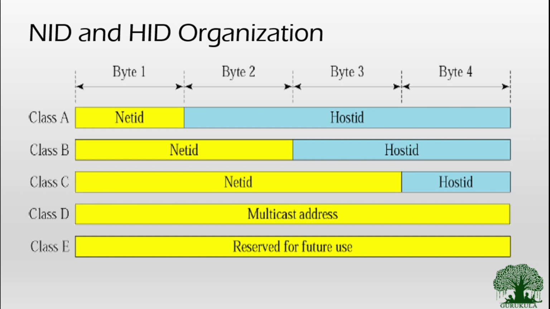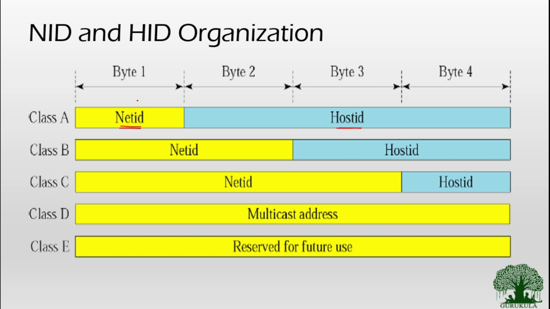So next we will try to identify what makes the difference. Now we understood that the entire 32 bits of addresses is classified into 5 classes of IP address. What is the difference in these 5 classes? As far as class A is concerned, only the first byte is allocated for network address and the remaining 3 bytes are allocated for the host ID.